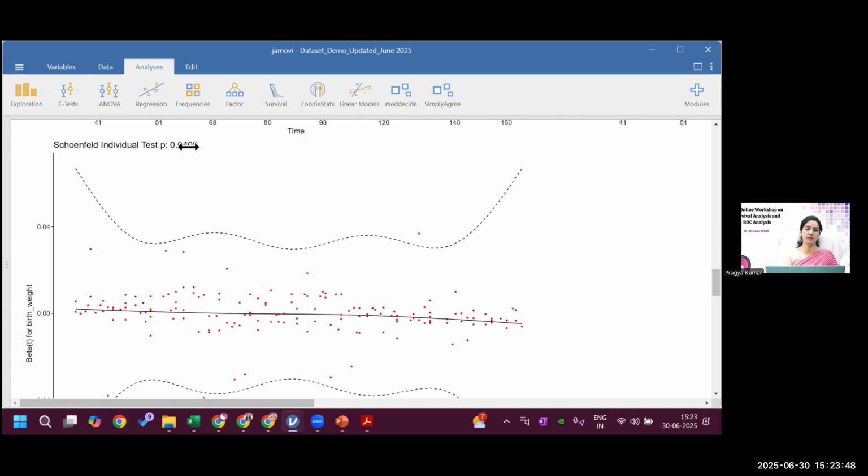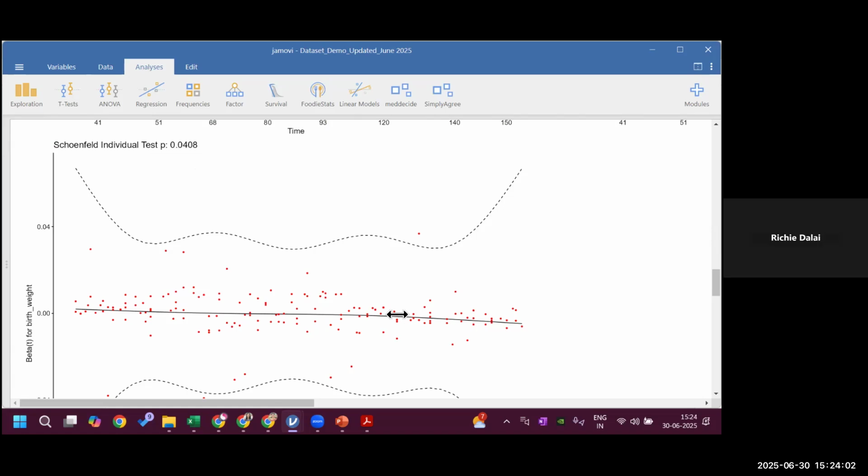Birth weight is also 0.04. So it is significant, which means it is not meeting the proportional hazard assumption. Is it clear, Dr. Richie? It's clear, ma'am. Okay. Thank you.